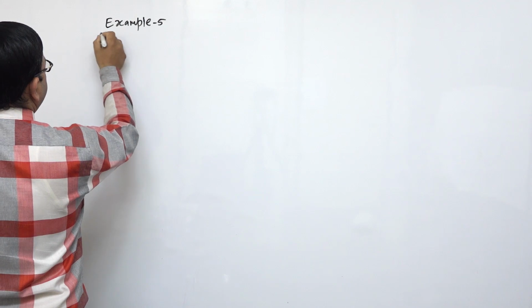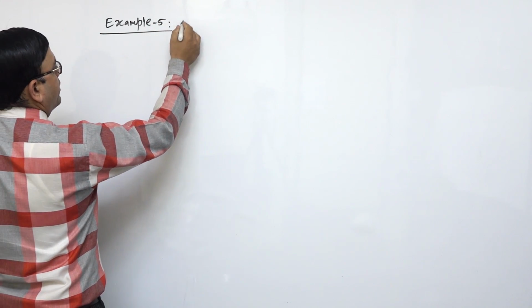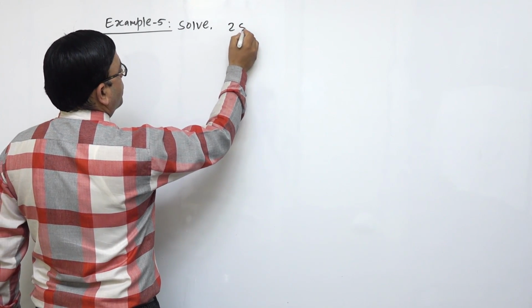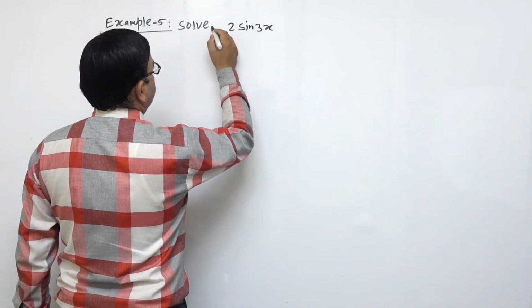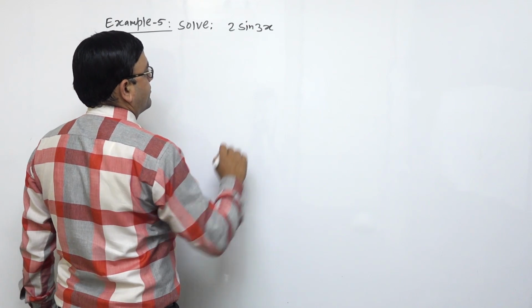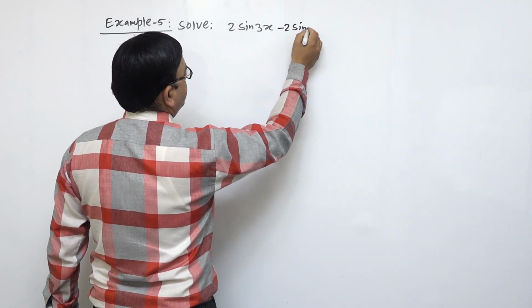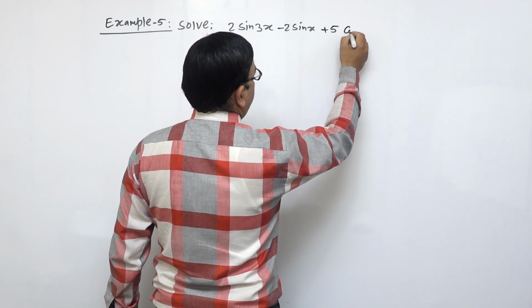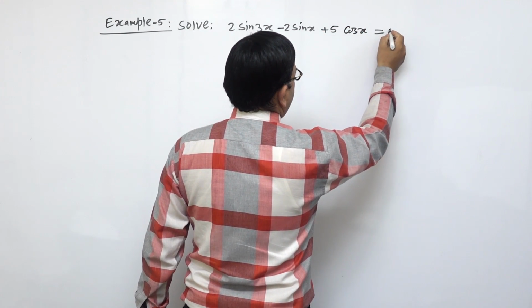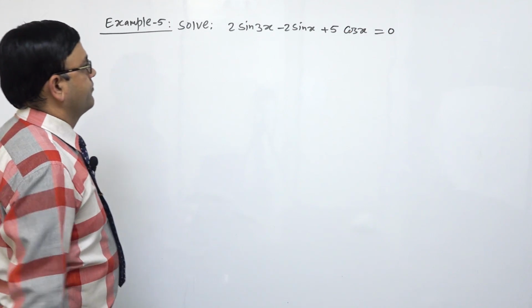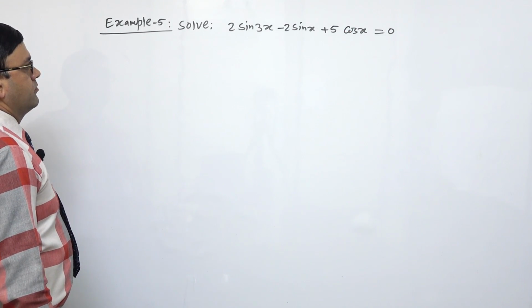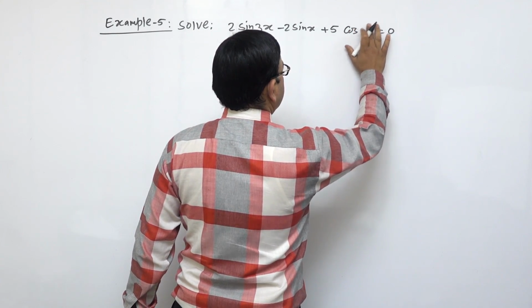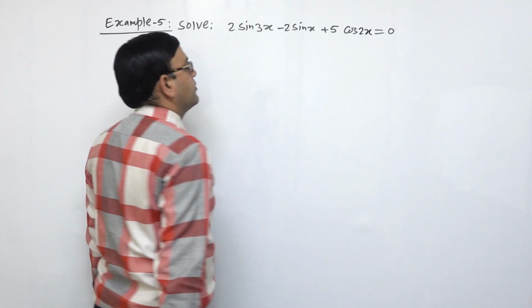Example 5, the question is: solve 2 sine 3x minus 2 sine x plus 5 cos 2x is equal to 0.